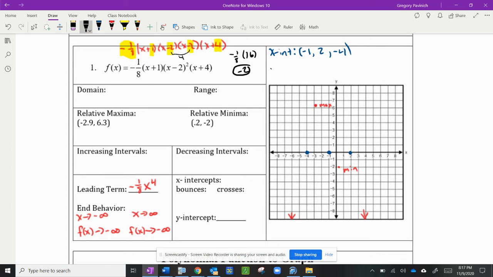So this is -1/8 x to the fourth plus all these terms in between, and then my y-intercept of 0, -2. I'm going to put my y-intercept of 0, -2 right there.